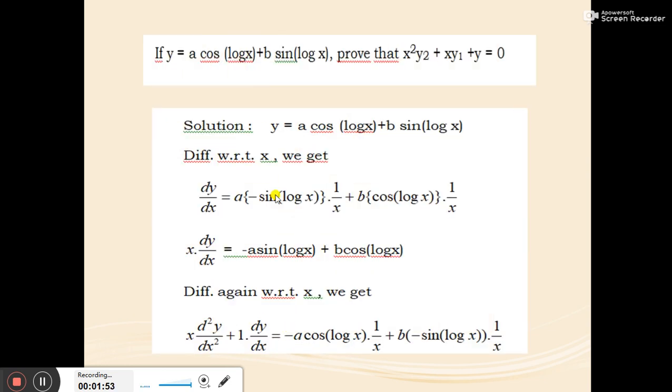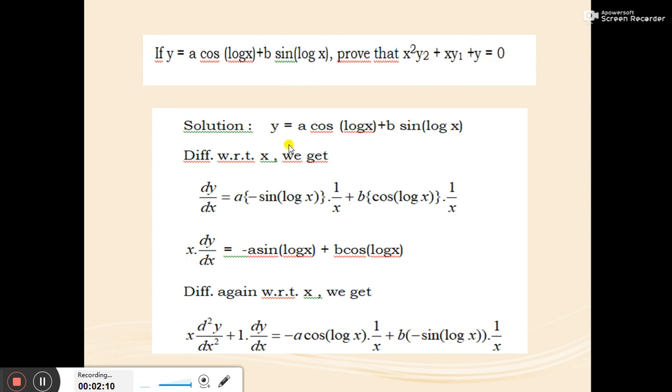And now we have an example: if y is equal to a cos of log x plus b sin of log x, then prove that x square y2 plus x y1 plus y is equal to 0.